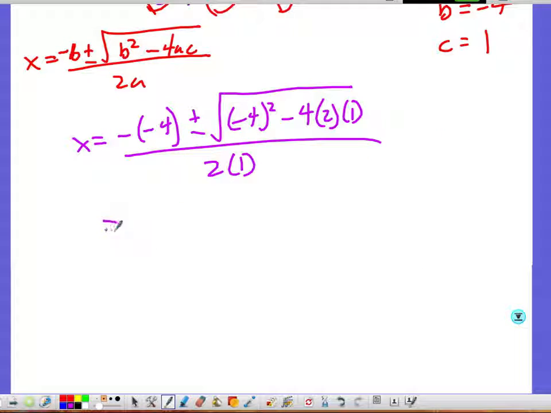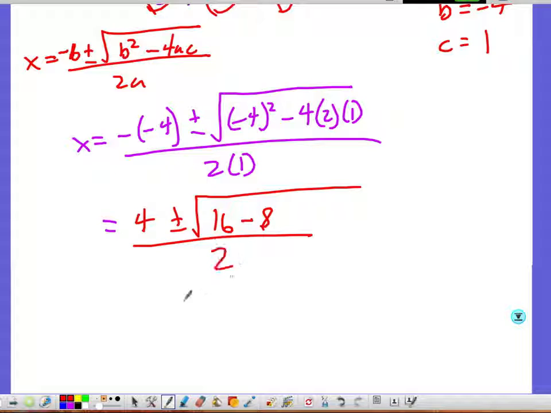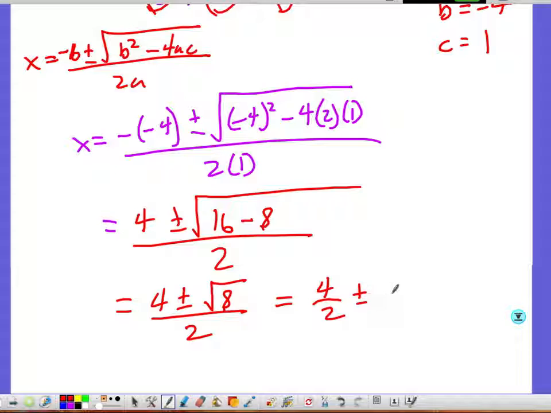So all I need to do now is just simplify. 2 consecutive negatives become a positive. The negative 4 squared, well, that's going to be 16 minus 4 times 2 times 1, which is 8, divided by 2 times 1, which is 2. We can continue simplifying this. 16 minus 8, well, that's the square root of 8 all over 2, and this is basically 4 over 2 plus or minus the square root of 8 over 2.